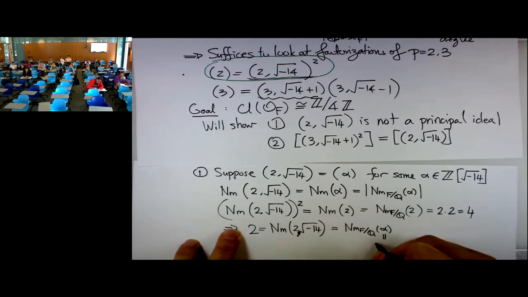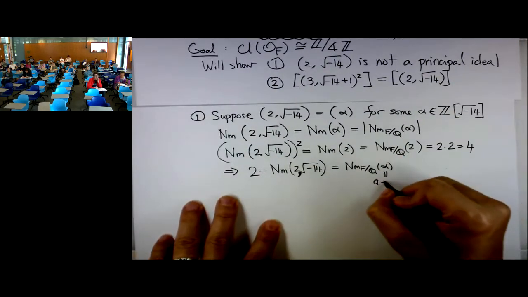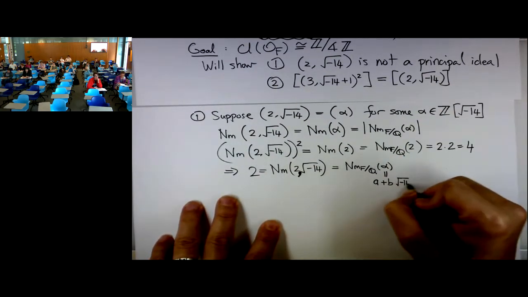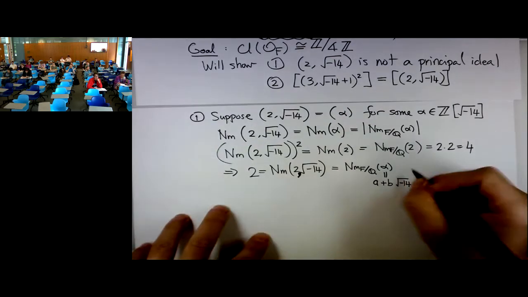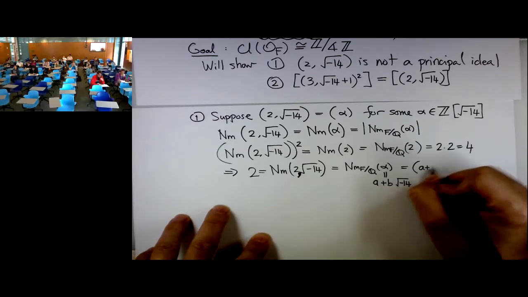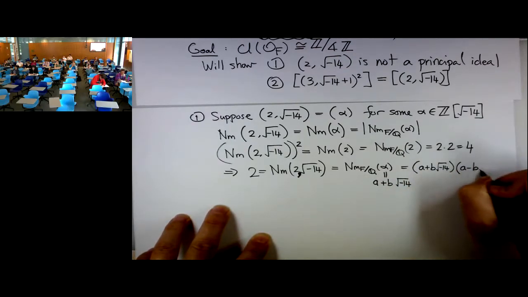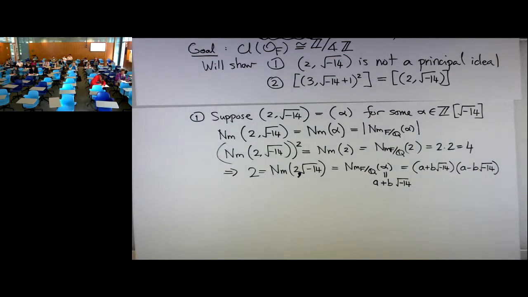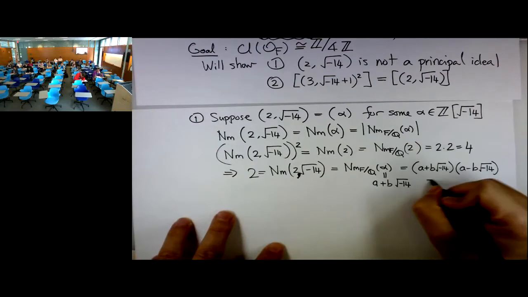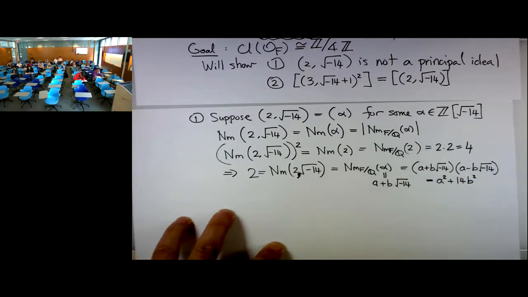Let's assume alpha looks like a plus b times root of negative 14. Then its norm is (a plus b root of negative 14) times its complex conjugate, and this is the same as a squared plus 14 b squared.